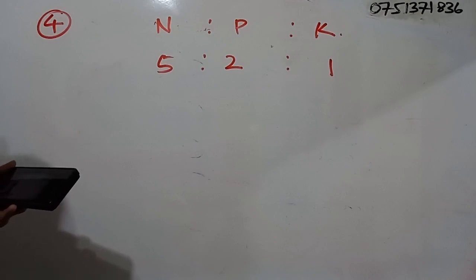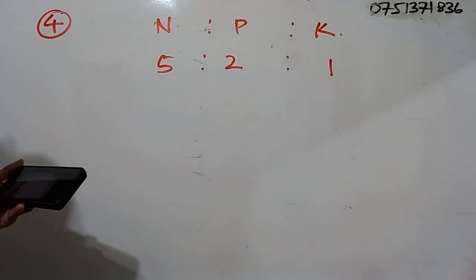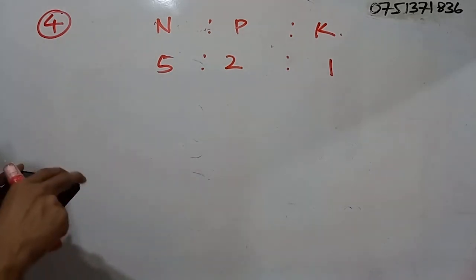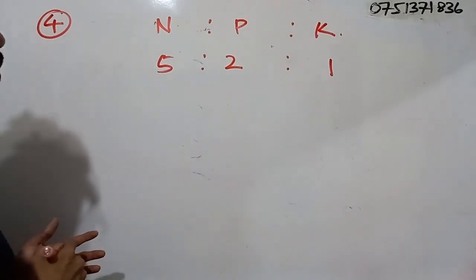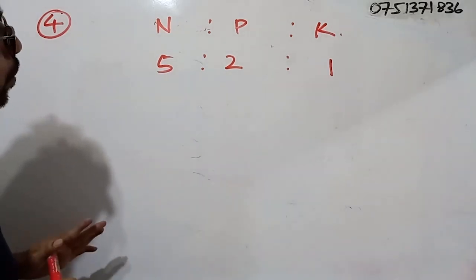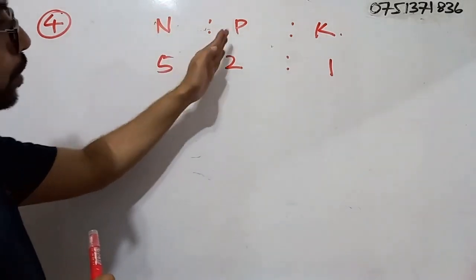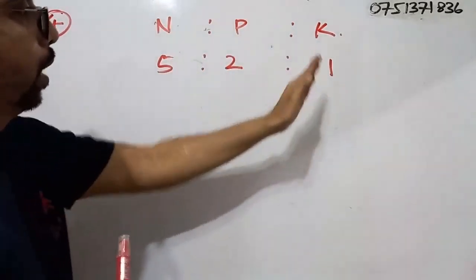Question number 4. The ratio of nitrogen to phosphorus to potassium in a fertilizer is 5 to 2 to 1. If the mass of phosphorus in a bag of this fertilizer is 250 grams, what is the total mass of the bag? Okay, so I have written down the ratio nitrogen to phosphorus to potassium, 5 to 2 to 1.